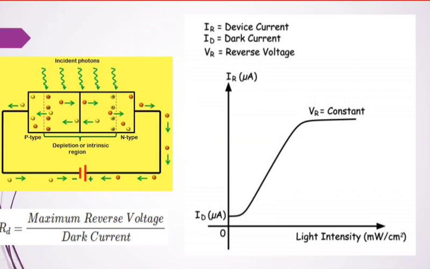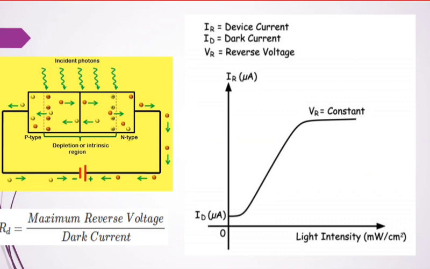If it is connected in forward bias, current flows through the diode. Now we have connected it in reverse bias condition, so there is almost no current flow. Only a minimal amount of current flows. That is the reverse current, which is due to minority charge carriers of the P-type and N-type materials.